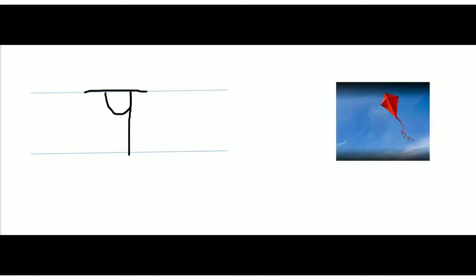Moving on to the next letter, we have the letter Ph. Please note, it is not F, it is Ph. Ph. Okay, the same way how we wrote P, we are going to write a curve like this.